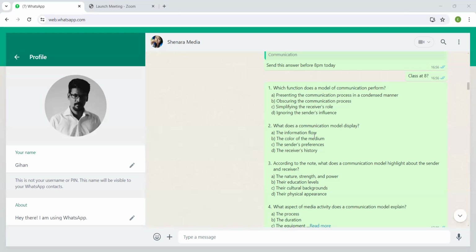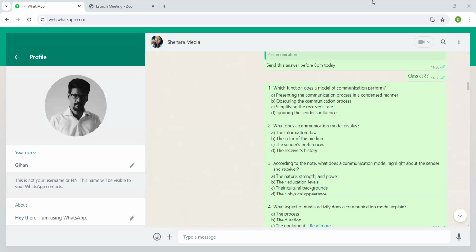What does a communication model display? Number 2. Answer: A. The information flow. Yes, there is a flow of information.